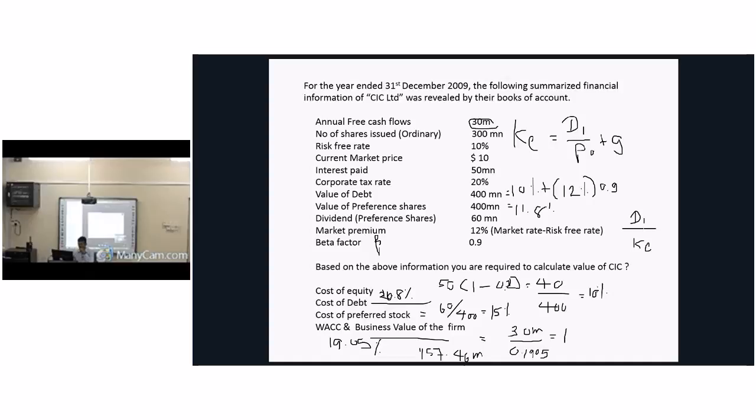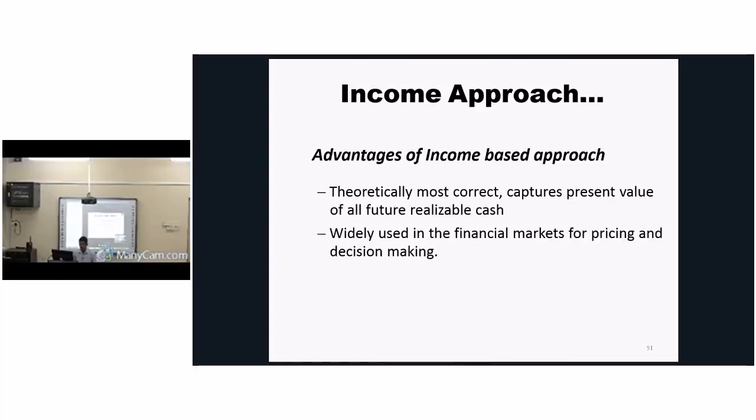So far, we have done the dividend approach and the asset approach to value the firm. We have discussed the advantages and disadvantages also and arrived at the values accordingly.